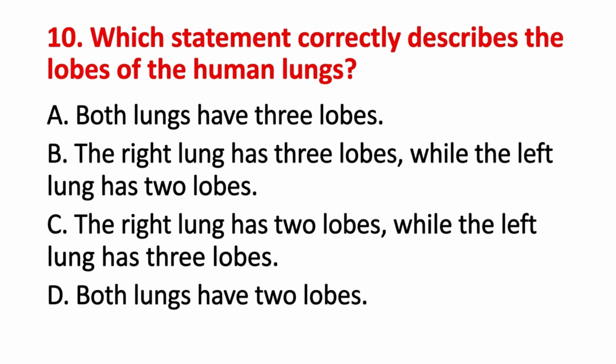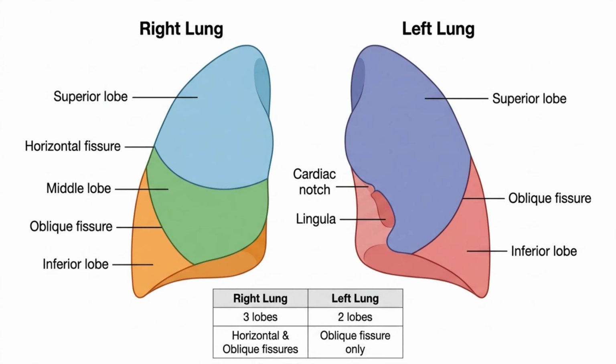Okay, the correct answer is B. The right lung has 3 lobes while the left lung has 2 lobes. The 2 lungs are not identical. Looking at the diagram, the right lung is divided into 3 lobes: the superior, middle, and inferior lobes.